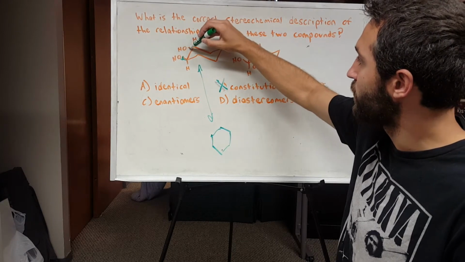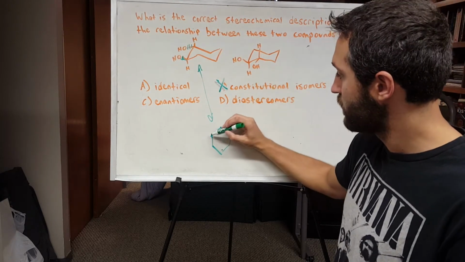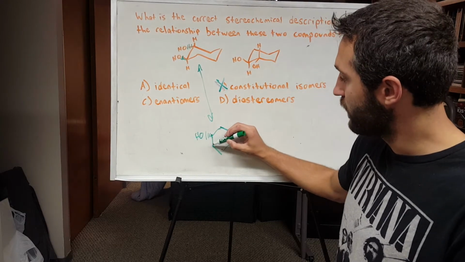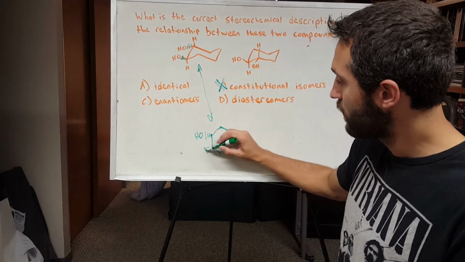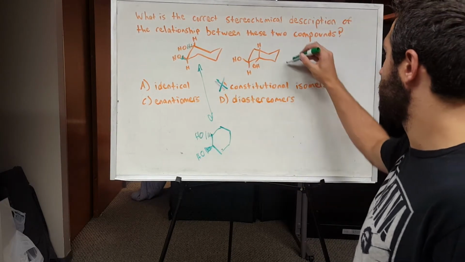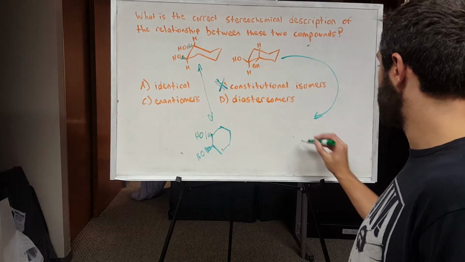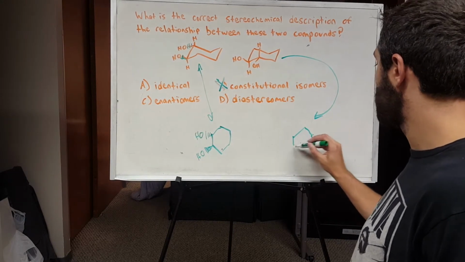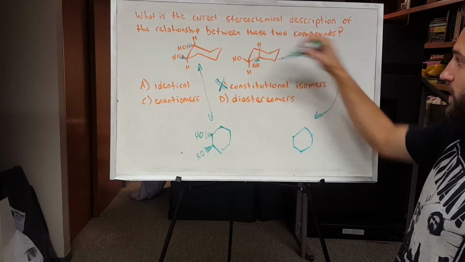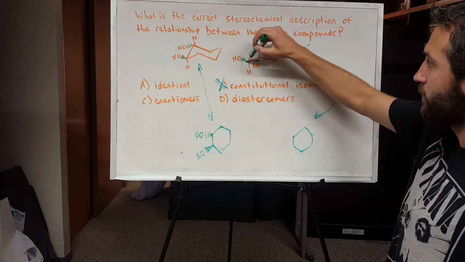This goes below, so we'd want it to be a dash. If we draw this like a dash and this guy here like a wedge, then those are the same exact compounds. Same with this guy. Let's draw this guy out again. This guy goes below the plane of the page, and this guy goes above.